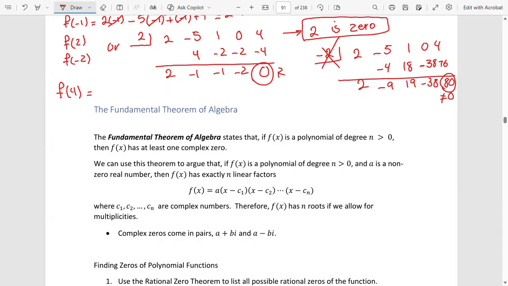But the fundamental theorem of algebra says that if we have a polynomial with degree n, where n can be any positive number, that polynomial has at least one complex zero, an imaginary zero. Okay, so every polynomial function has at least one imaginary zero.